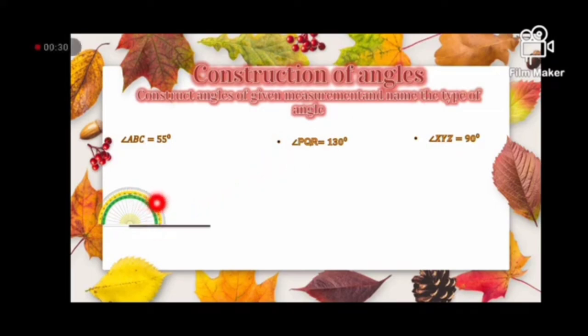Between 50 and 60 we will find angle 55 degrees. So this is an angle of 55 degrees. The name of the angle is ABC. The 55 degree is less than 90 degree, it means it is an acute angle.